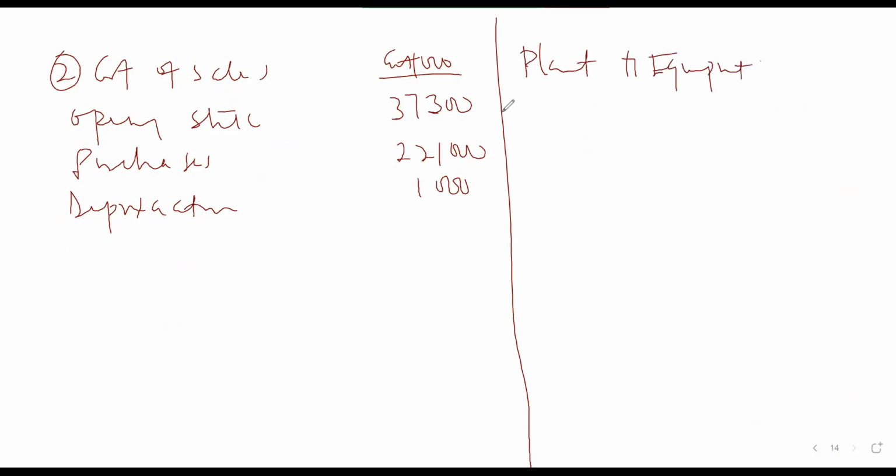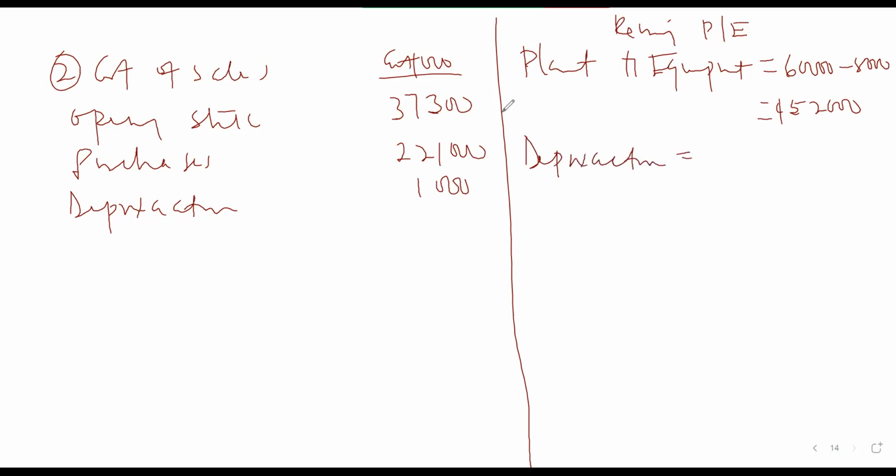So the remaining plant and equipment will be 60,000 minus 8,000, which is the plant that was fully depreciated. So we now have 52,000. This will be there for the full year because these are the old plants. So let's calculate depreciation on that.